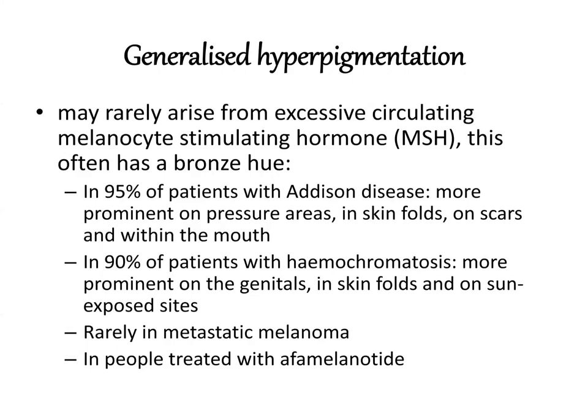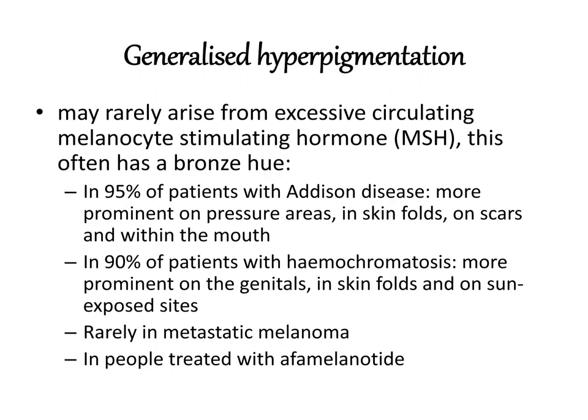So in Addison's, primary adrenal failure, make a point to look into the oral cavity for pigmentation if you suspect it in a patient. Patients with hemochromatosis, a disorder of iron deposition, in about 90% will have more pigment, especially over the genitals, skin folds, and sun exposed sites.